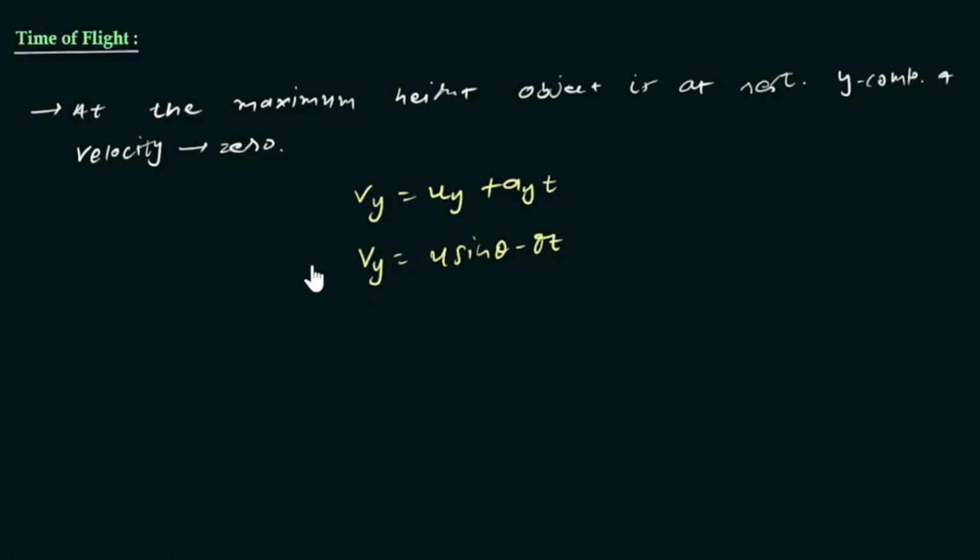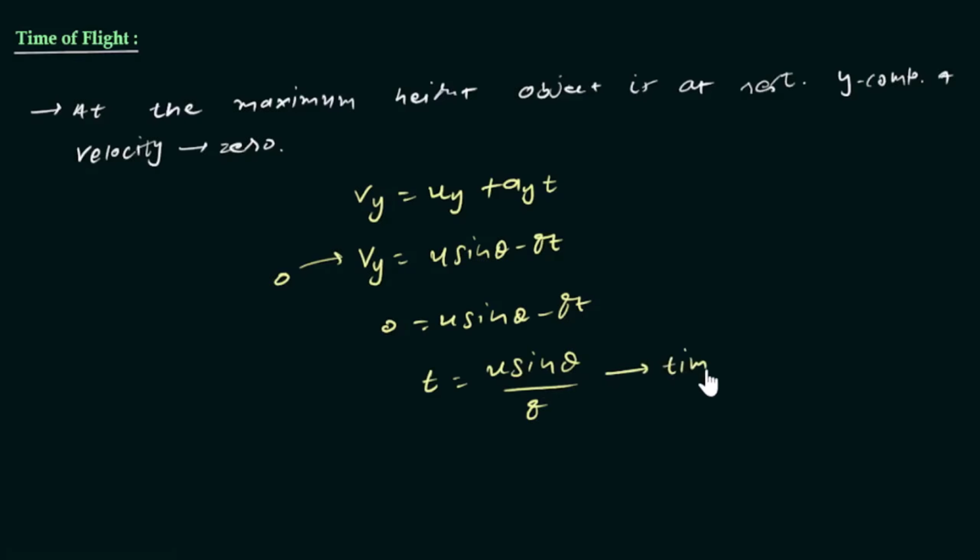Here the velocity is 0, so I can write 0 equals u sin theta minus gt. So t will be u sin theta divided by g. This is the time for ascent, and the time for descent will also be u sin theta divided by g.